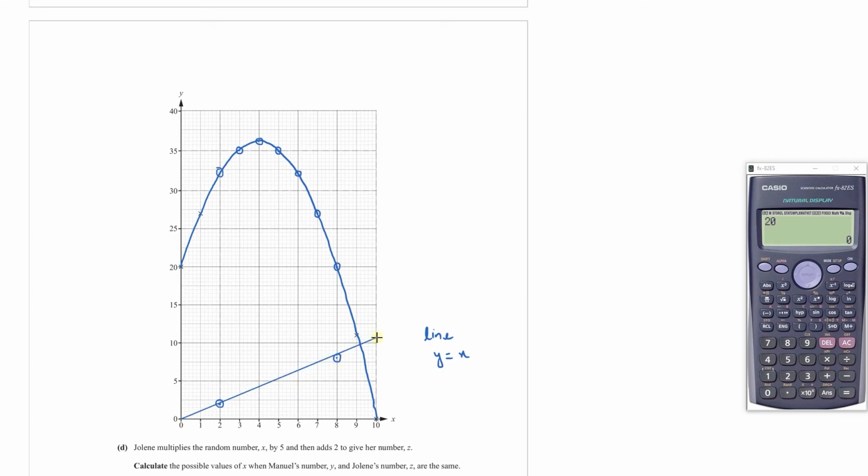Make sure you draw it all the way till the end, like this. So this is your line y equals x, and this is the point of intersection.